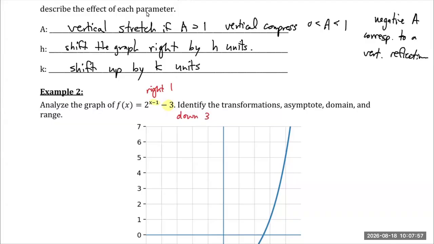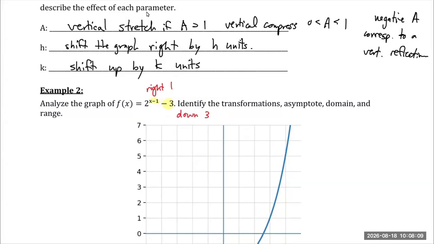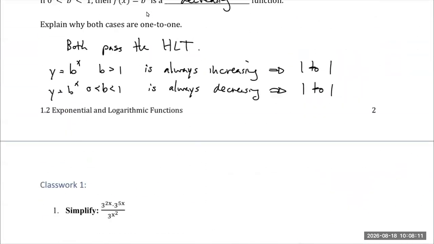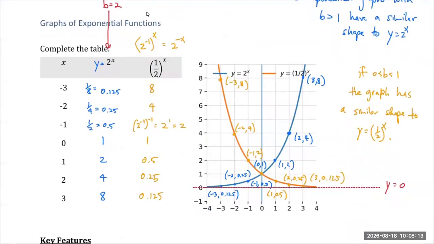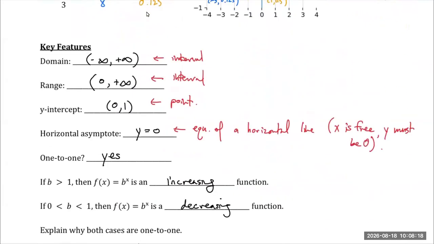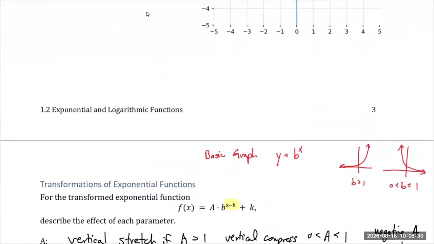So this particular graph doesn't have a vertical stretch or vertical reflection. We're just shifting it to the right by 1 and down by 3. Recall what our basic graph looked like, this blue one right here. We have our domain, our range, our asymptote and y-intercept, and all four of these qualities are going to be affected by our transformation.